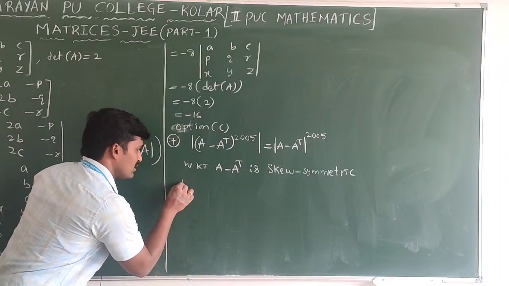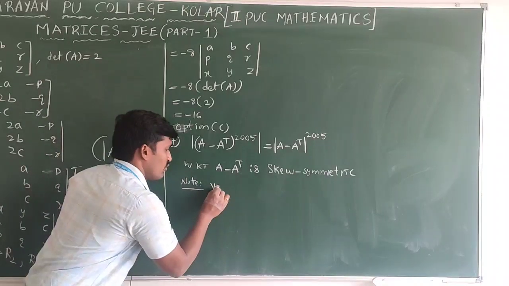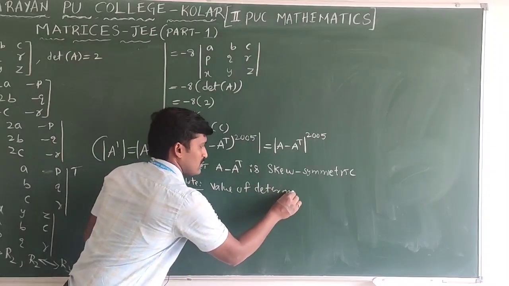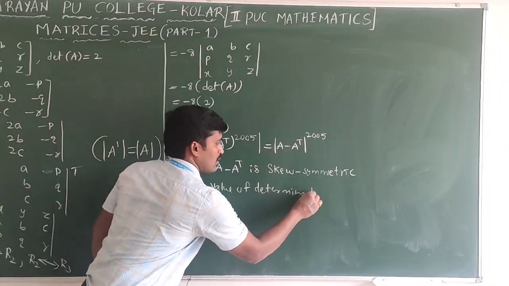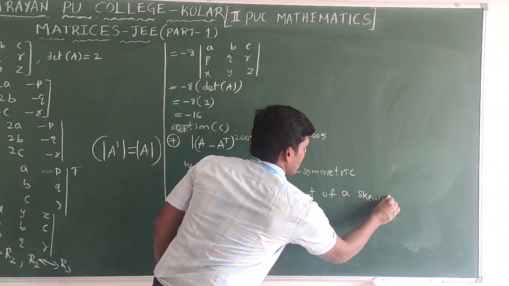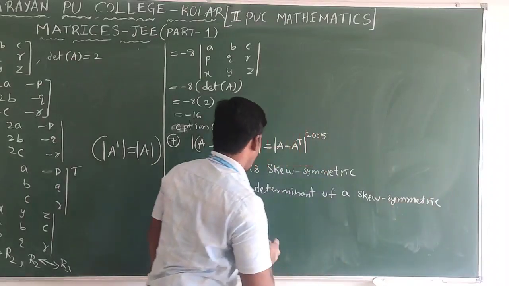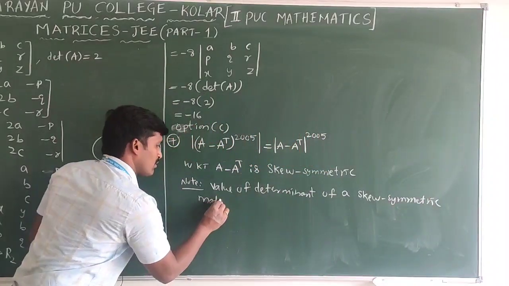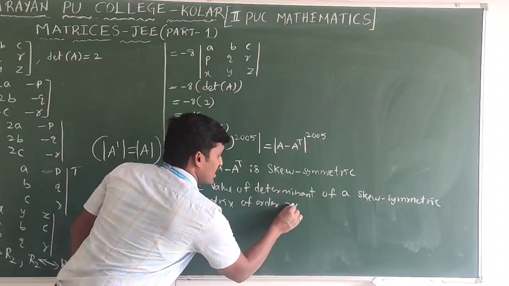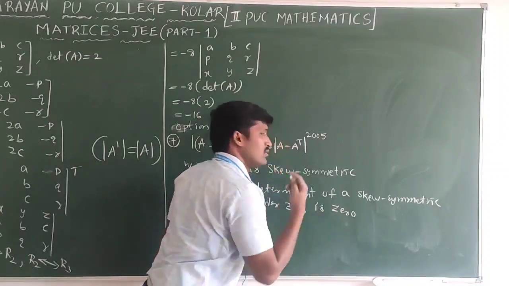Remember one thing, an important point: the value of the determinant of a skew symmetric matrix of order 3 by 3 is 0 always.